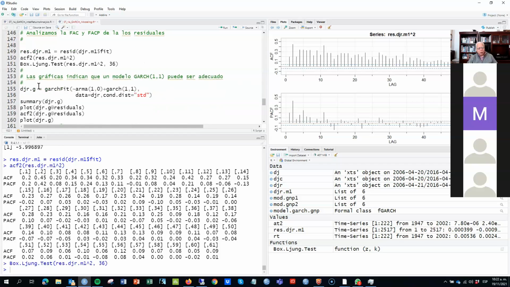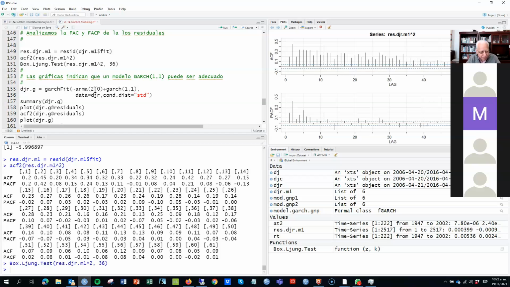To fit the GARCH(1,1) model for the Dow Jones returns, we'll use the function garchFit that we used last class yesterday, and the model will be composed of two models. The ARMA model, I can eliminate the later one term there.